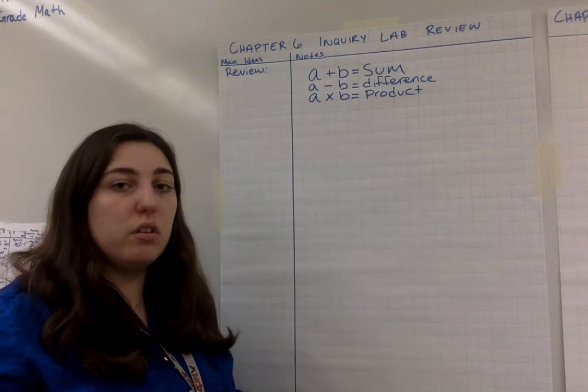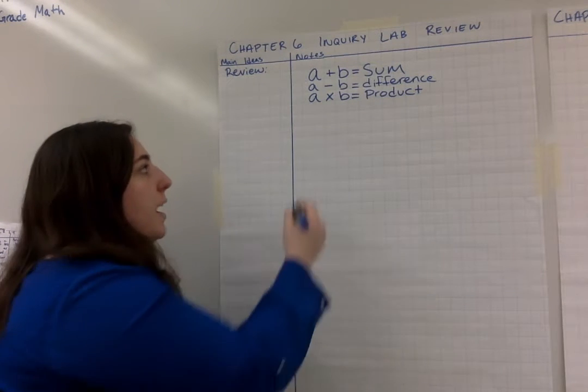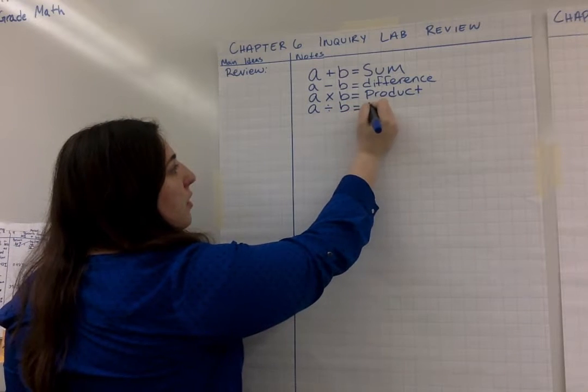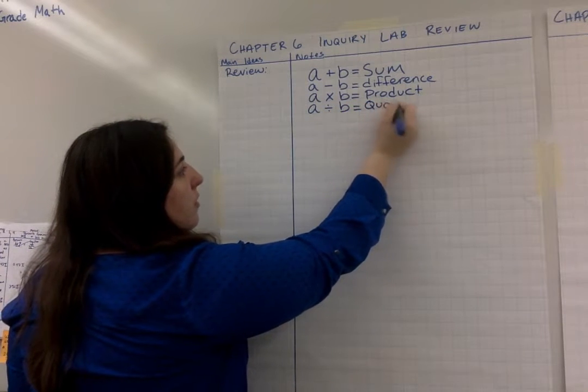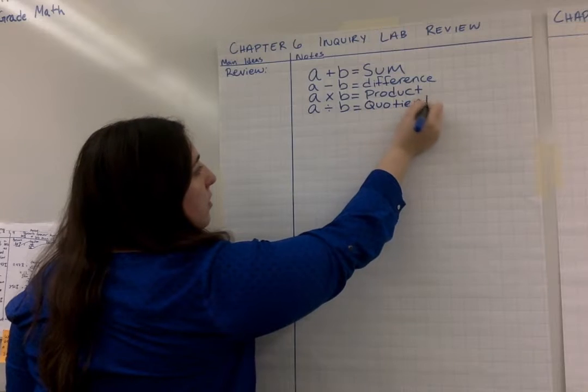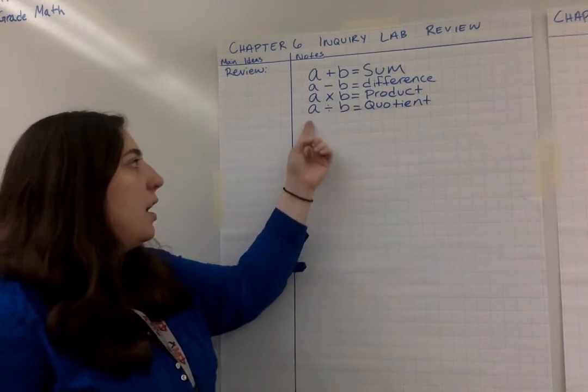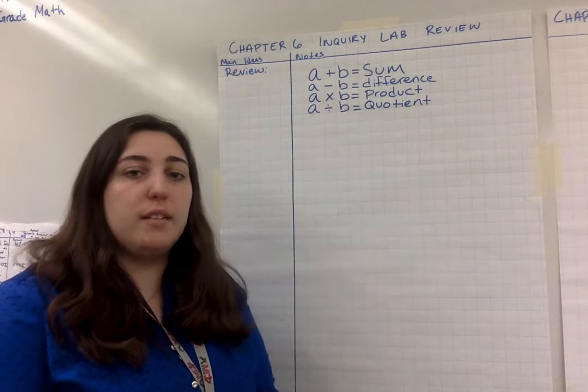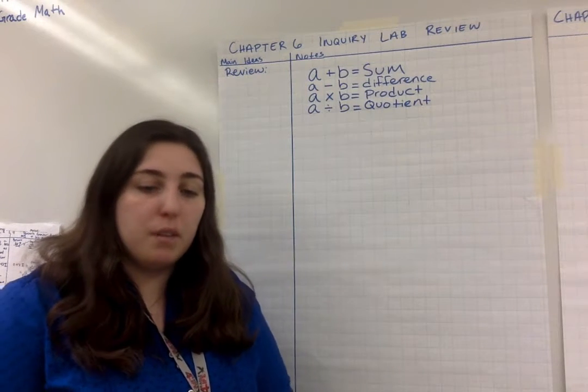It's an answer to a multiplication problem. And then A divided by B, our answer is called a quotient. It's the answer to a division problem.